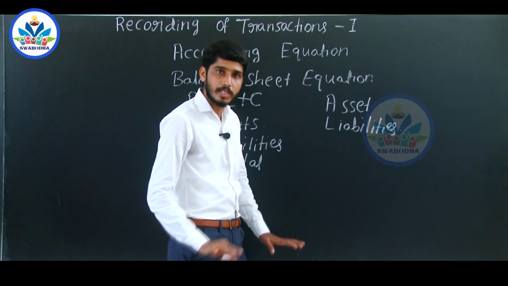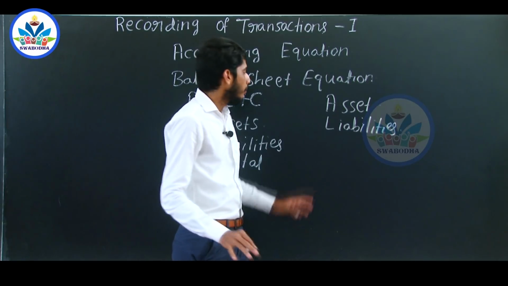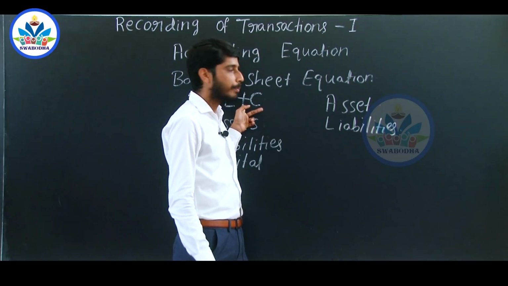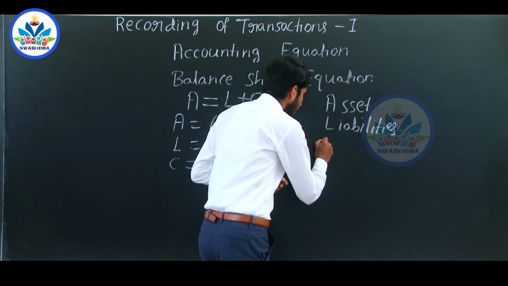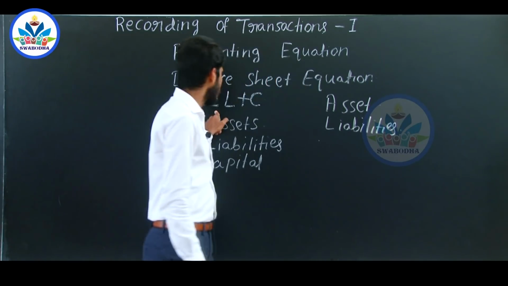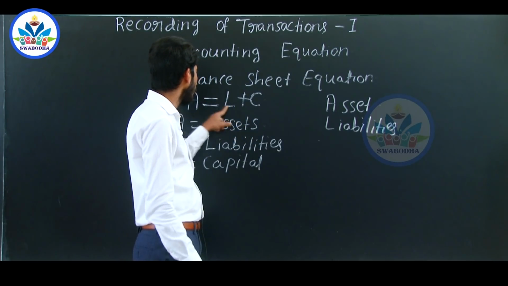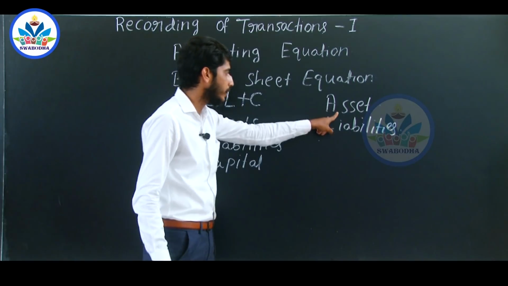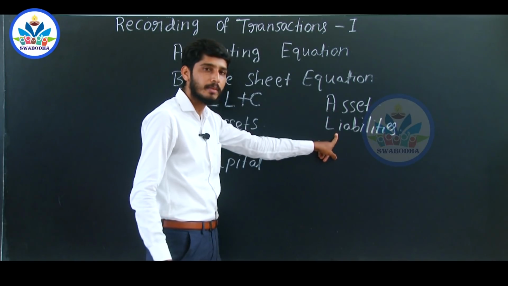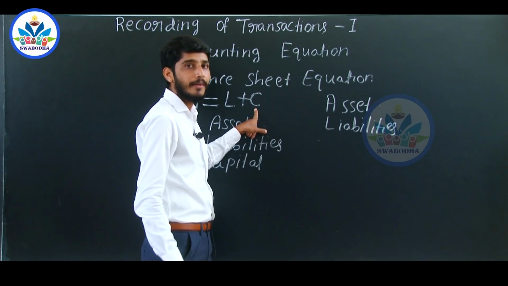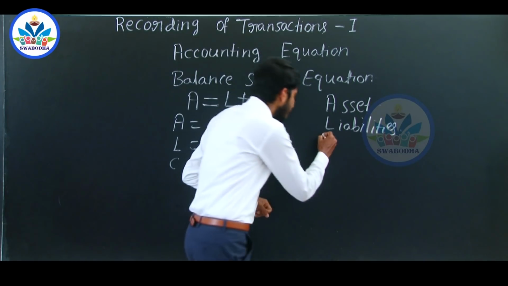The amount of capital is not known. Then by using this formula, you can find out the amount of capital. The formula is A is equal to L plus C. In the formula, you know what is A and what is L. Asset amount is given, liabilities amount is given, but the capital amount is missing. Now, you have to find out the amount of capital.